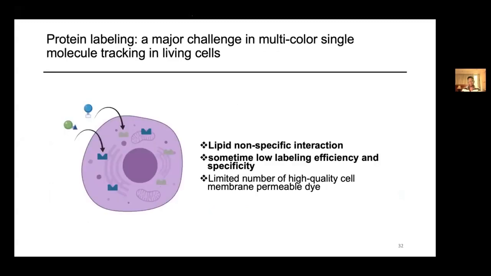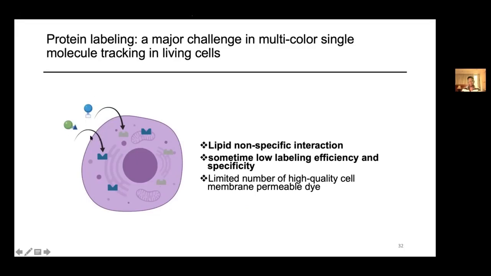So these are the current limitations for protein labeling. There are three major challenges if we label many different types of protein with more than two cell membrane permeable dyes. The first is that the cell membrane permeable dye normally will interact with the cell membrane.